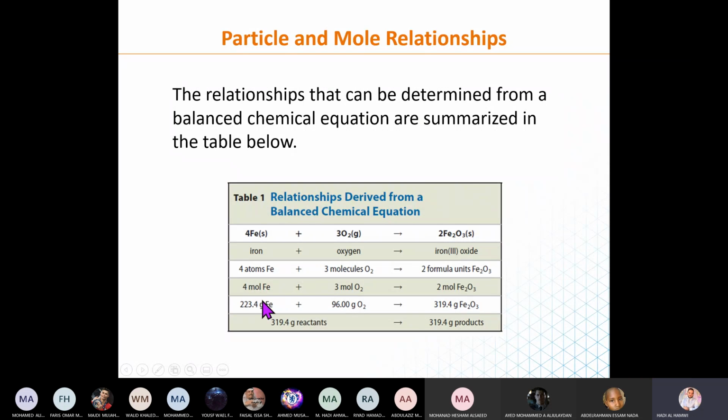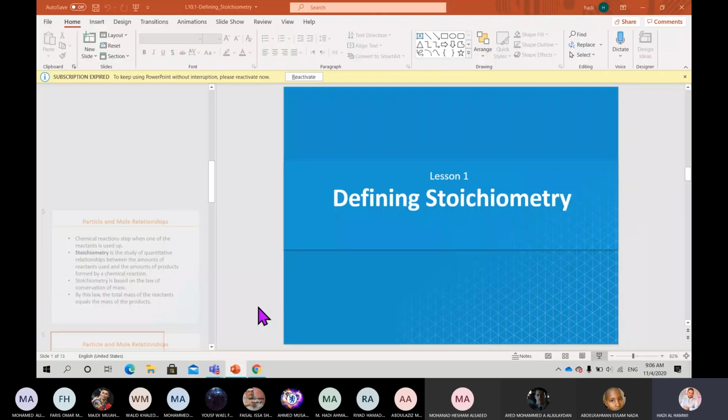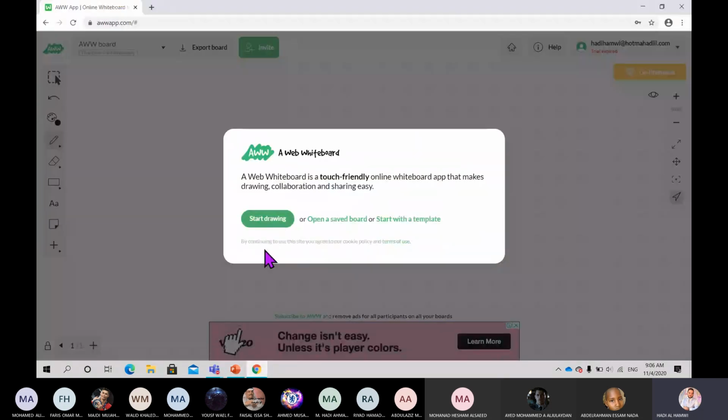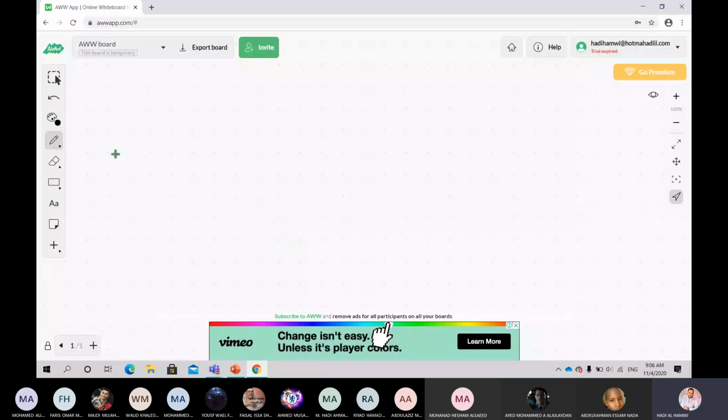How can we find the mass? We just use the formula: mass equals moles multiplied by molar mass. So we will go to the periodic table and find the molar mass of this element.